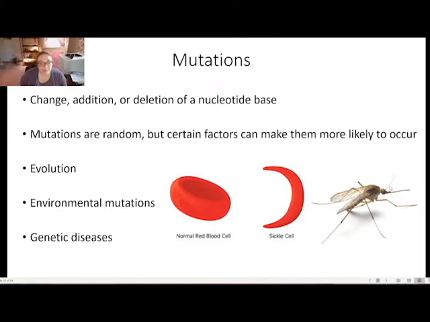Having two copies of the HBB gene in each cell results in sickle cell anemia, where your blood cells change shape and don't hold oxygen the way they're supposed to. So with one copy, you have resistance to malaria. With two copies, you have sickle cell anemia. It gets passed on because it's advantageous to have one.